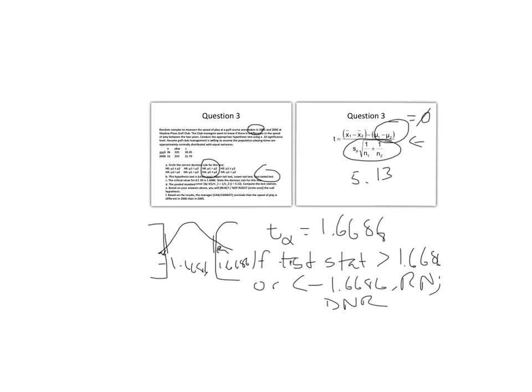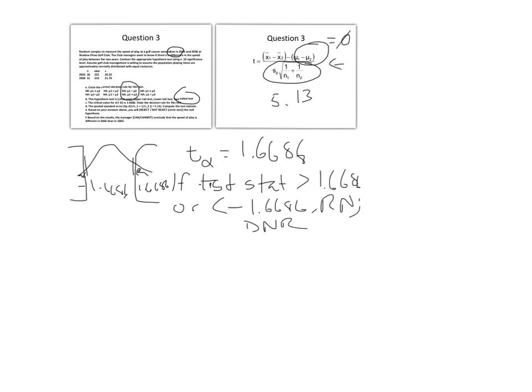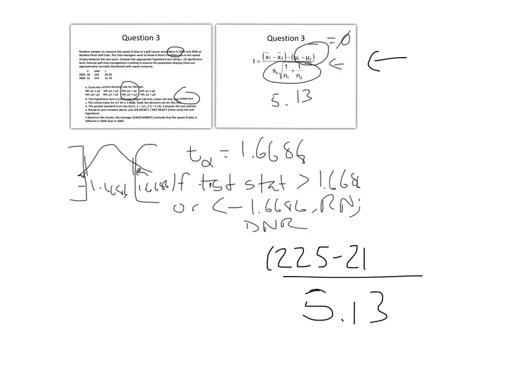Let's make some room here to finish the problem. All right, so we've got that information. So now what we really need to do is calculate the test statistic using this equation right here. We already know the denominator is 5.13. And then what we need to do is get the difference between x bar 1 and x bar 2. Okay, so that's going to be 225 minus 219 minus the difference between the two population mu's, which is 0.